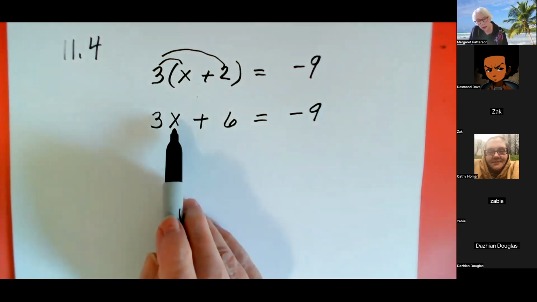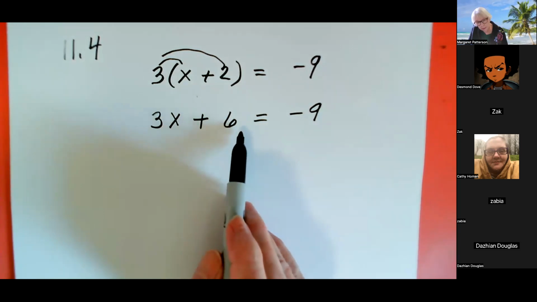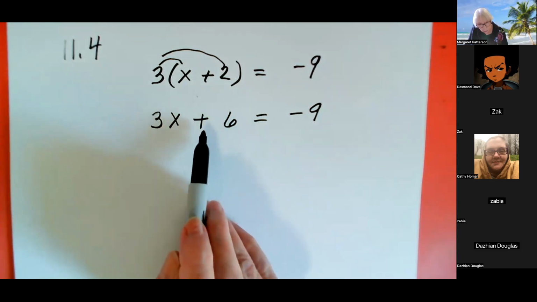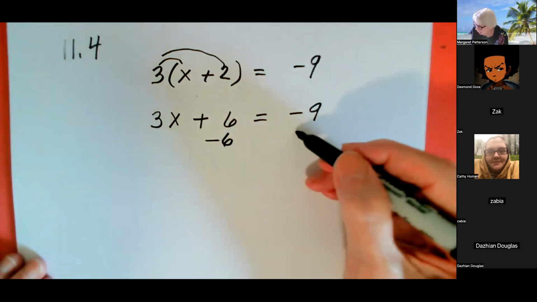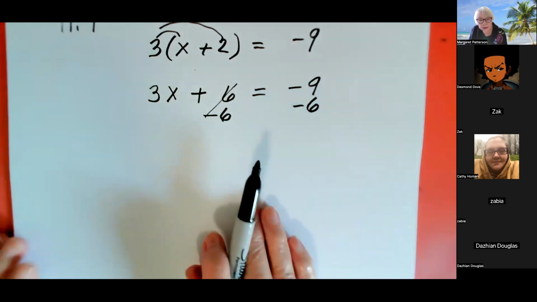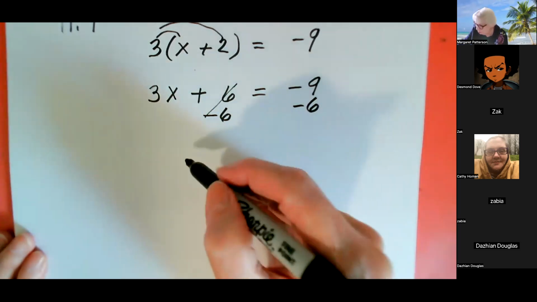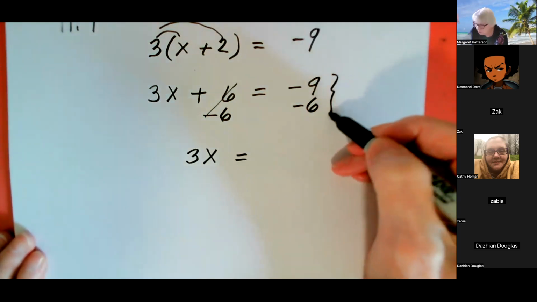I look at the problem as it sits right now, and I have a 2-step problem. I know what to do. I'm going to subtract 6 here and here. So the plus 6 and -6 go to 0, and I'm left with my 3x. And I have to combine these.